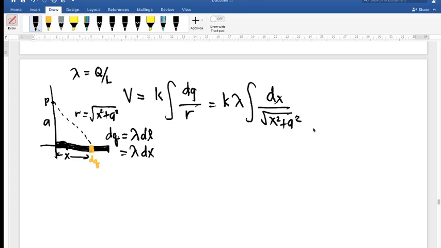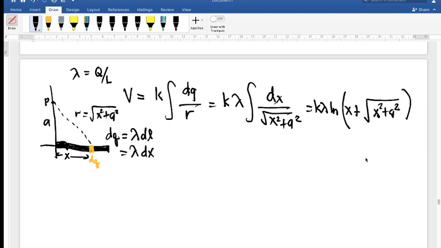So what is the value of this? That is equal to k lambda ln of x plus the square root of x squared plus a squared.